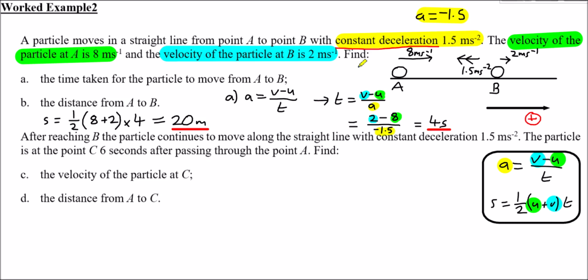The time now is 6 seconds after passing through the point A, and we want to find the velocity at C.